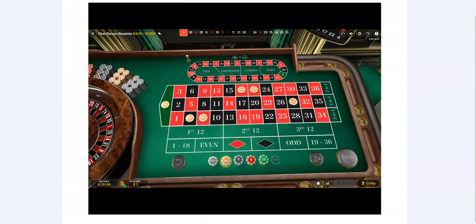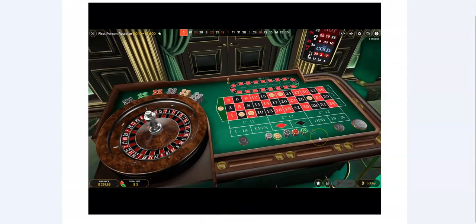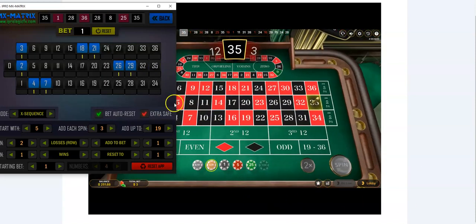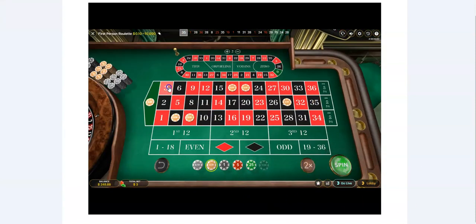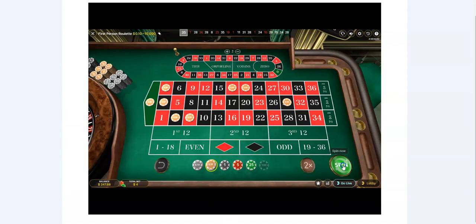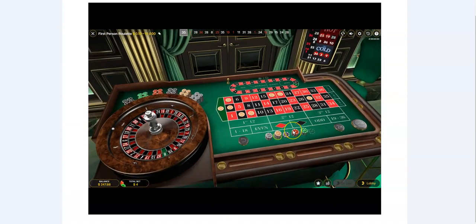There we go. Okay, 35, didn't have it. Put that in. And we're going to rebet. We're going to add 3, 2, and of course, when you have a couple of misses, no biggie. Just stay with it and do what it says, and you will be just fine.